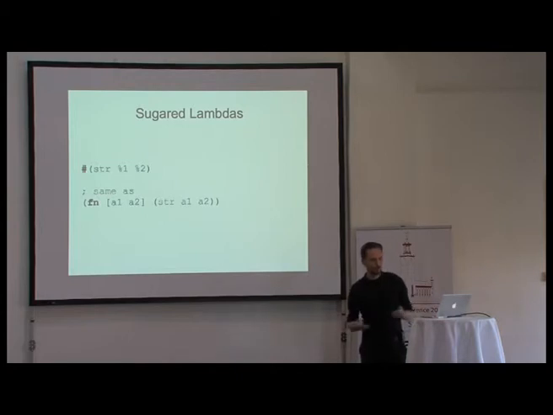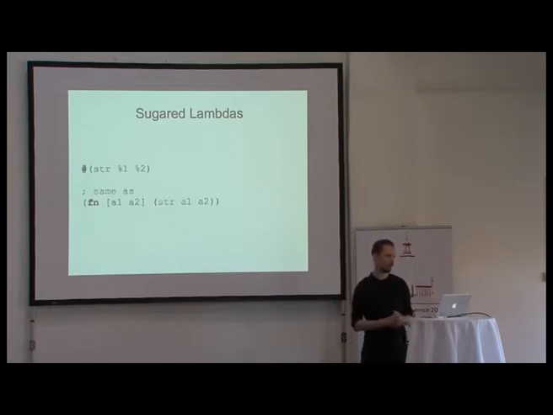But as I said, you often pass around functions to other functions. And if you do that, after a while you get bored of the explicit argument list syntax, because you just have to name the same variables over and over again. And for that reason, you have the lambda syntax sugar, which uses a pound sign in front of an expression.